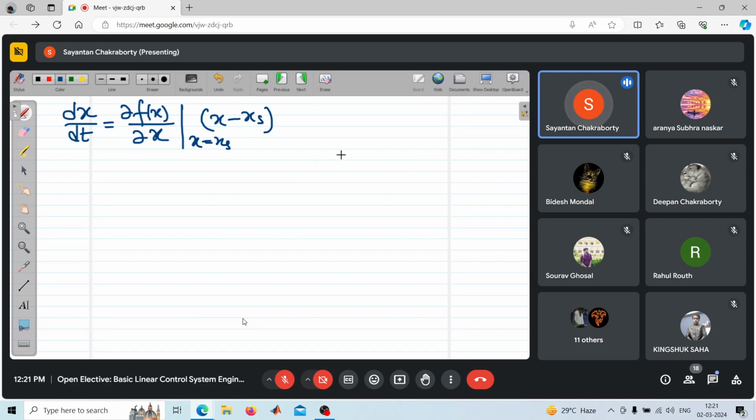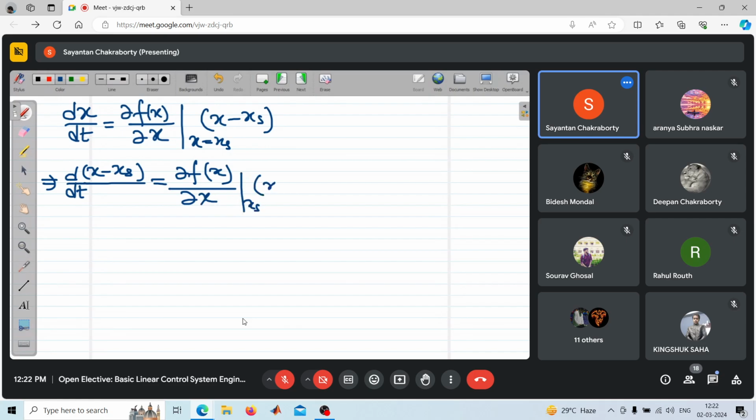Now, since xs is a constant, we can write d/dt of (x minus xs), because xs is constant, so this can be equivalently represented as dx dash by dt is equal to some constant times x dash.